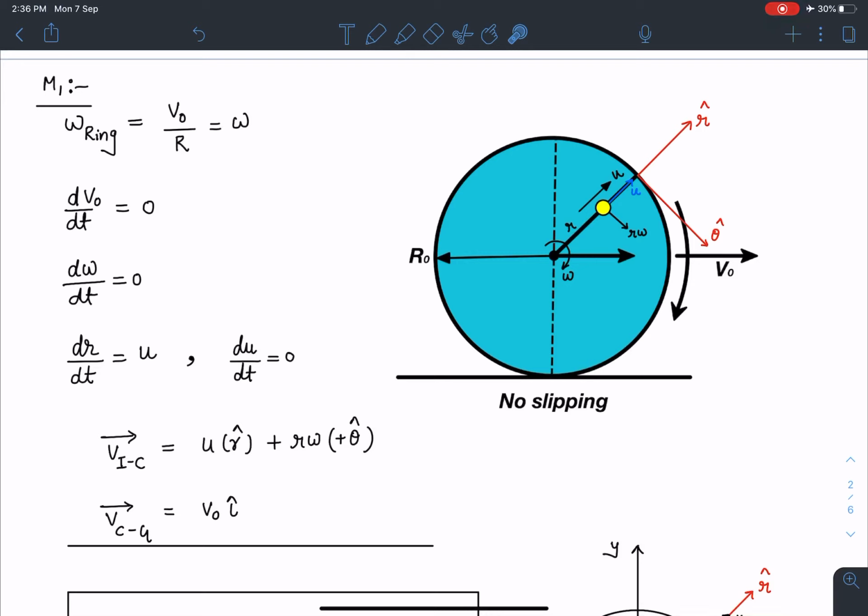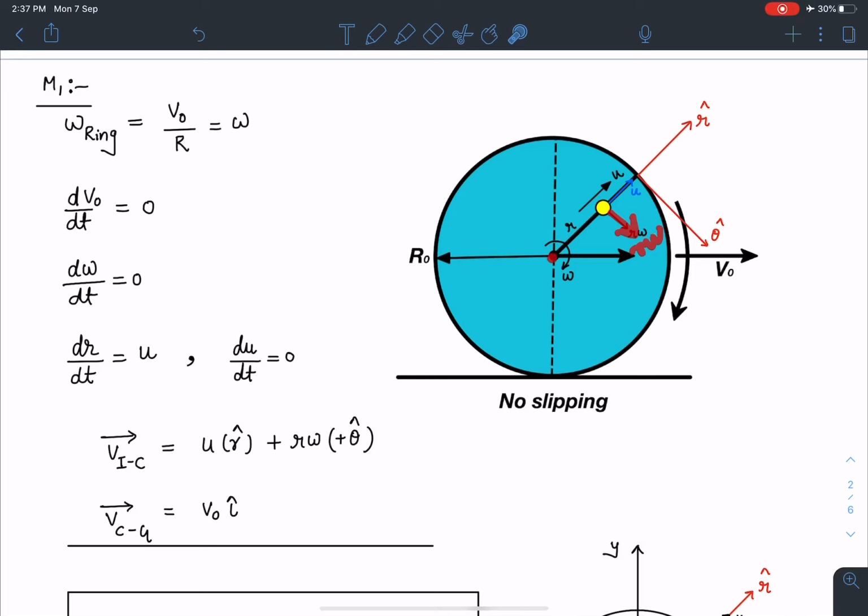Now here, if you see with respect to the center C of this moving frame, this rolling ring, you will find that this particle is moving this side with the speed of u. So vector-wise, if I write, it will become u times r cap, and similarly due to the rotation, this particle is also going to have velocity of r omega.